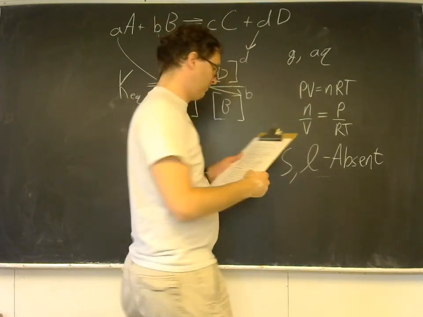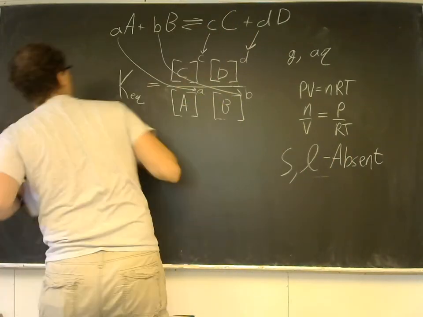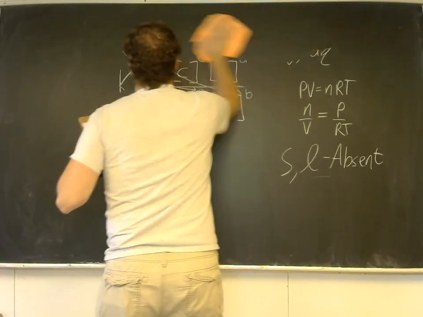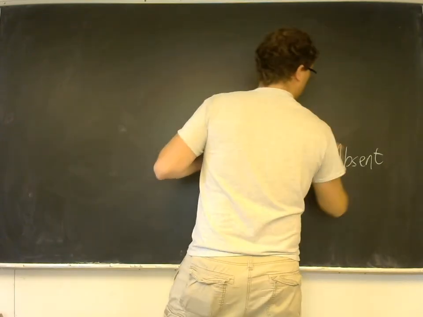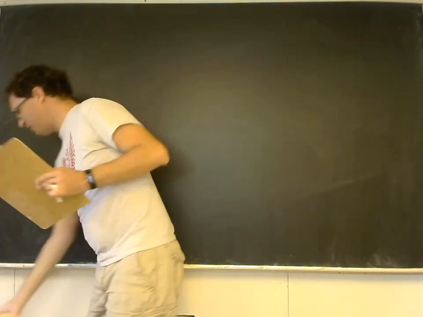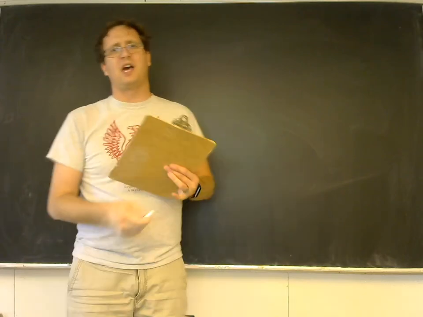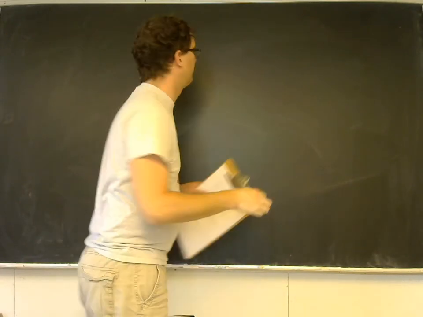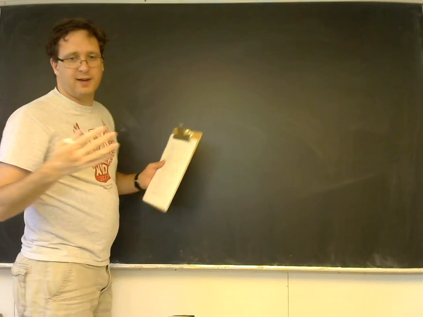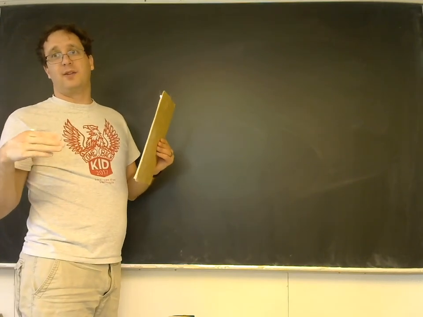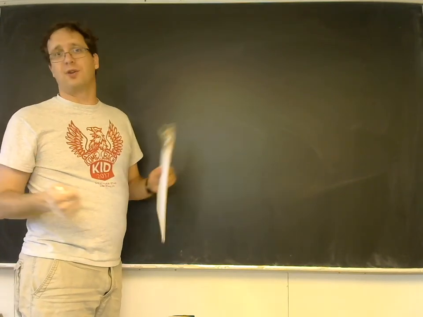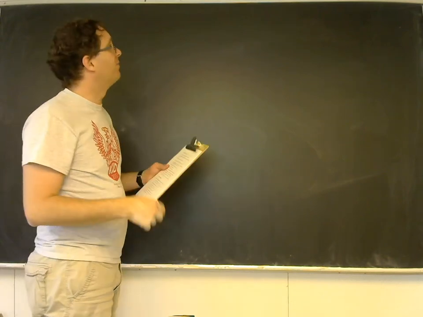Okay, so we had talked about a reaction between nitrogen and hydrogen and ammonia in section 15.1. I'll go ahead and write it in the reverse direction now, just to show that we can do that and there's nothing wrong with that.